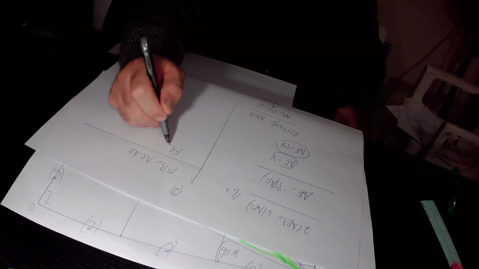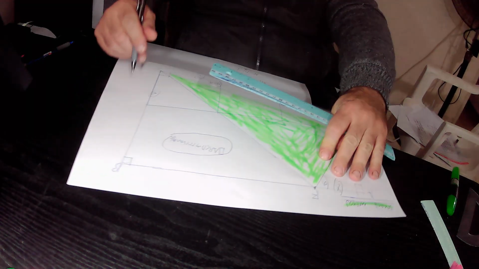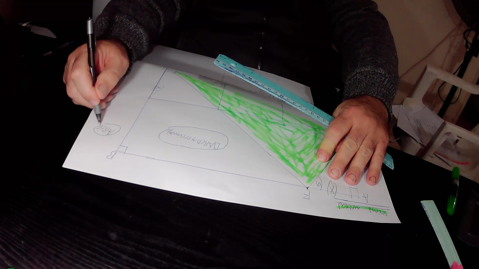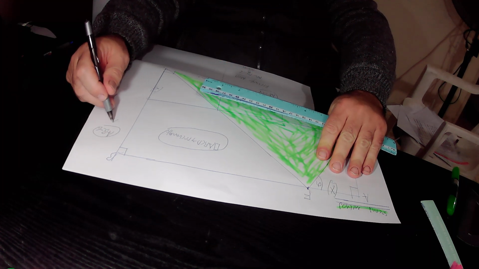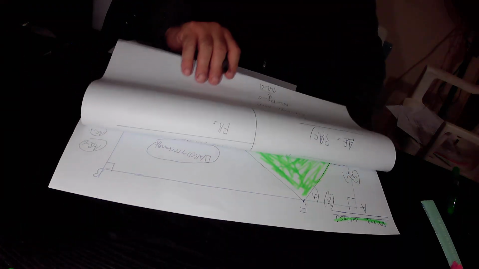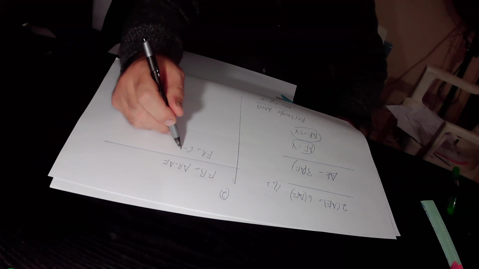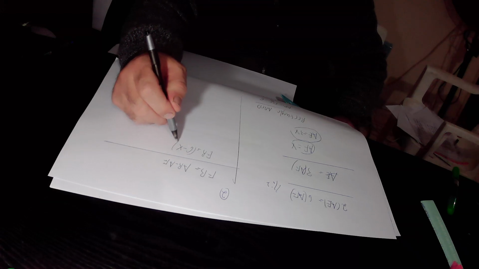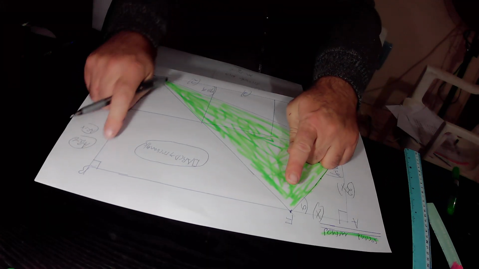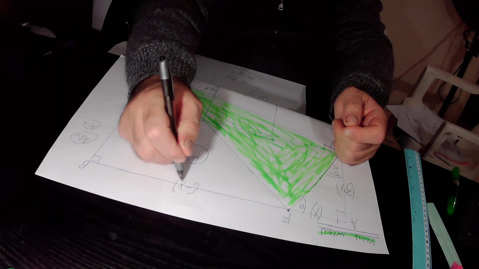So FB equals AB, and we found that AB equals 6, according to the rule that the opposite sides of a rectangle are equal to each other, minus AF, and AF equals x. So in total, FB equals 6 minus x units in its length.